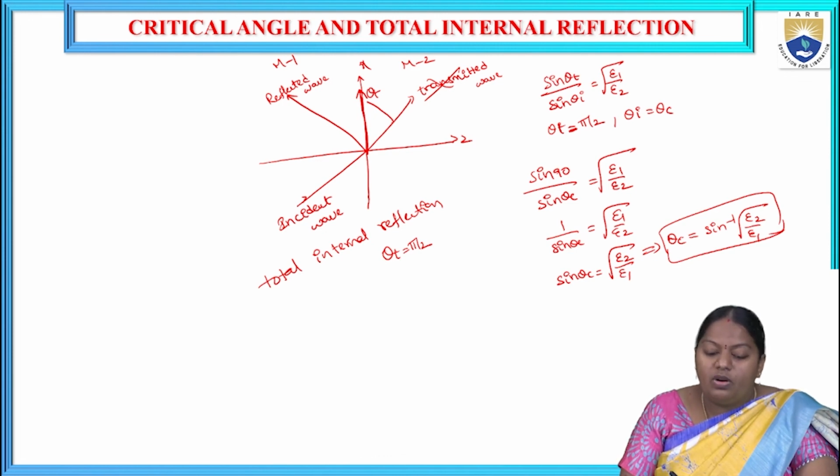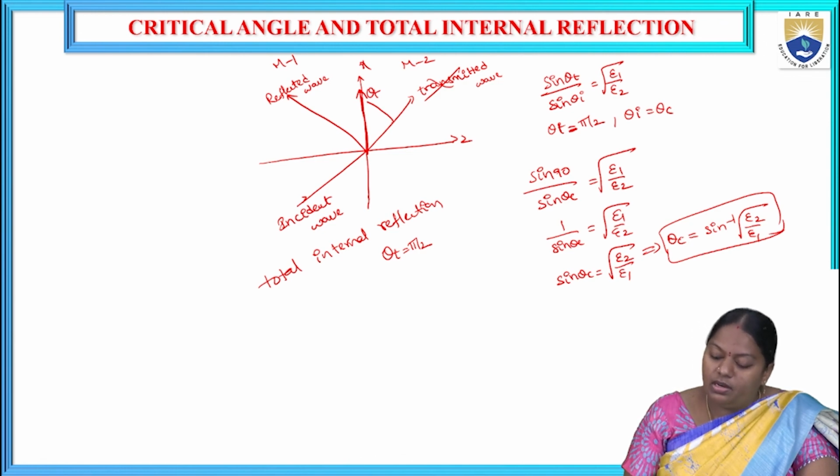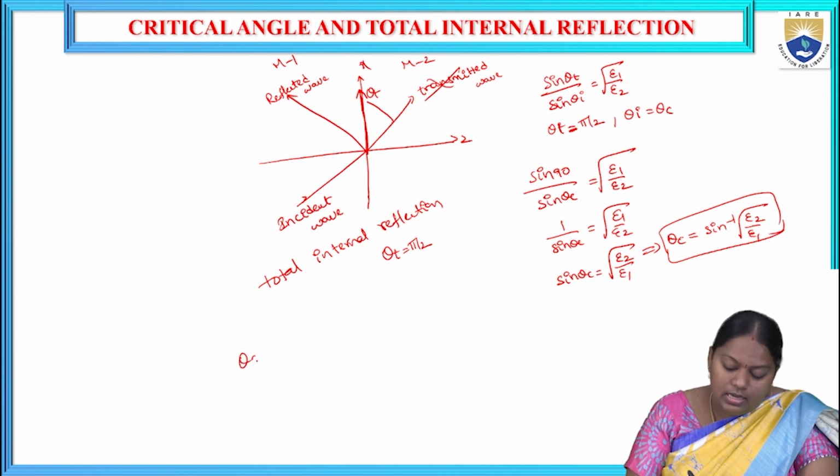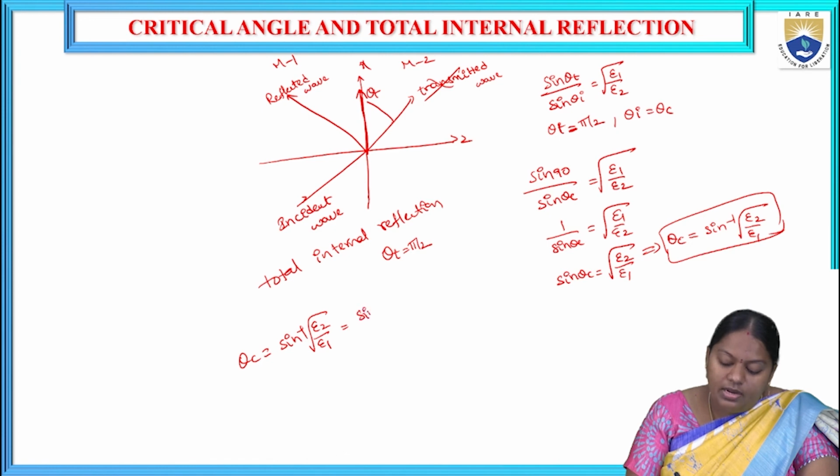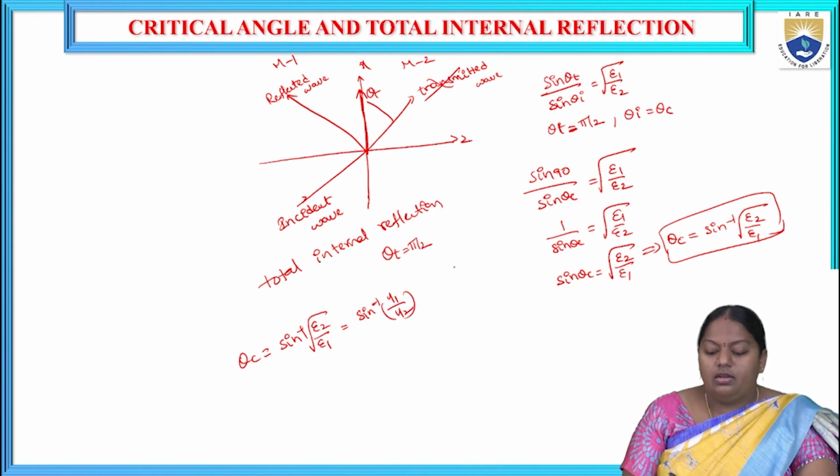So what do you mean by critical angle? The critical angle is the angle at which the total internal reflection takes place, and mathematically we can represent theta c equal to sine inverse of root over epsilon 2 by epsilon 1, equal to sine inverse of eta 1 by eta 2.